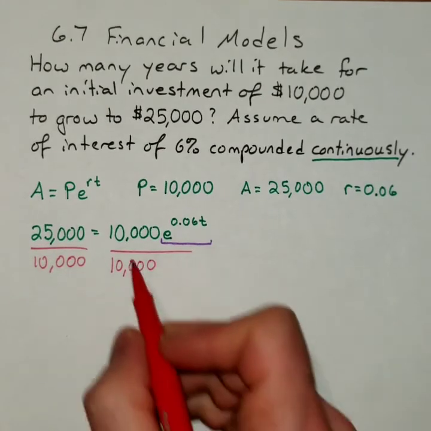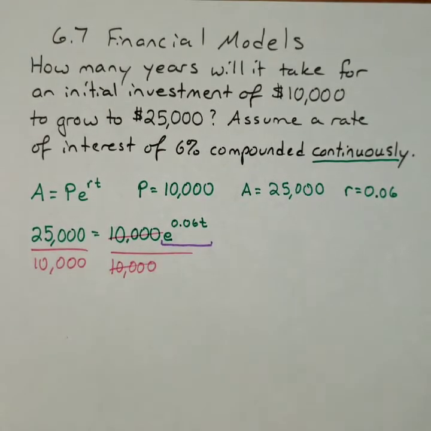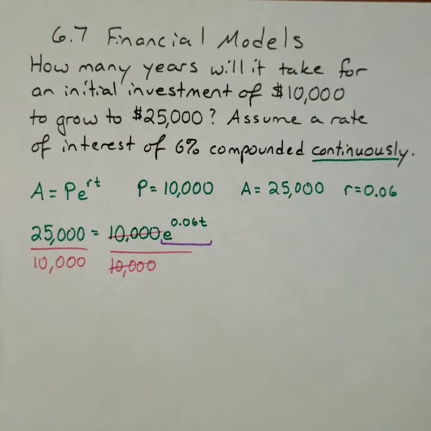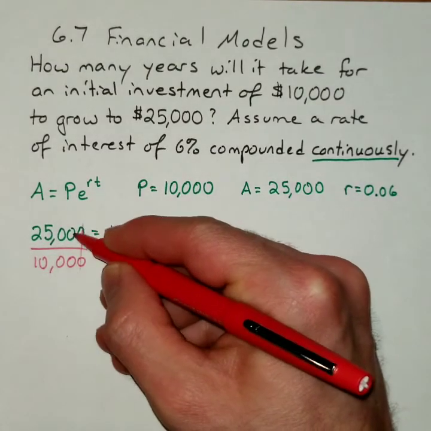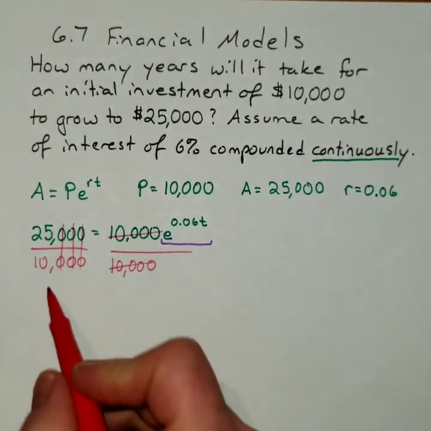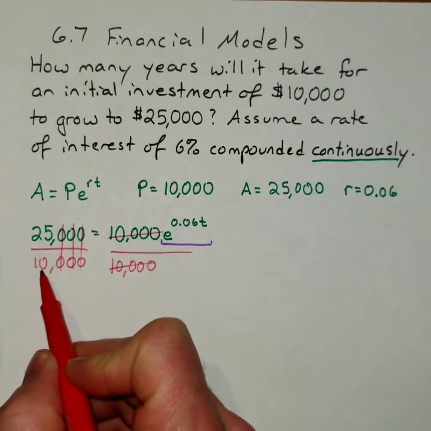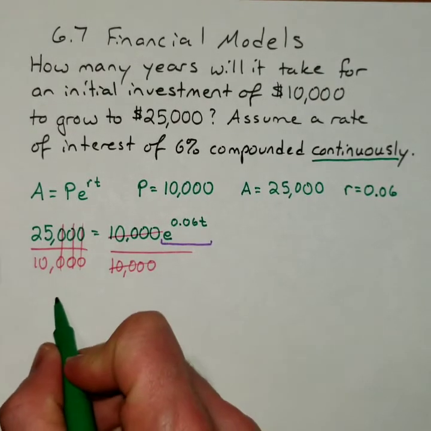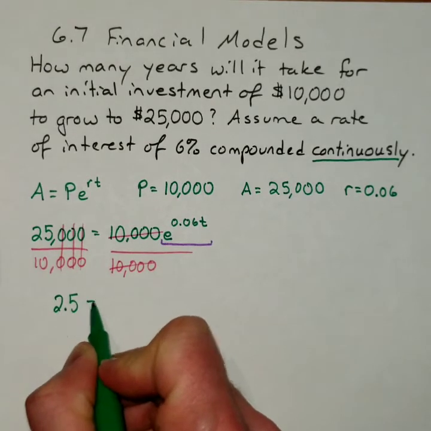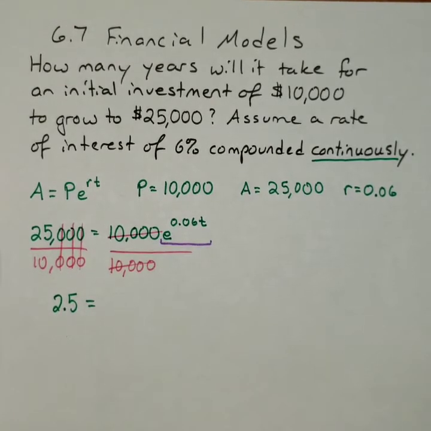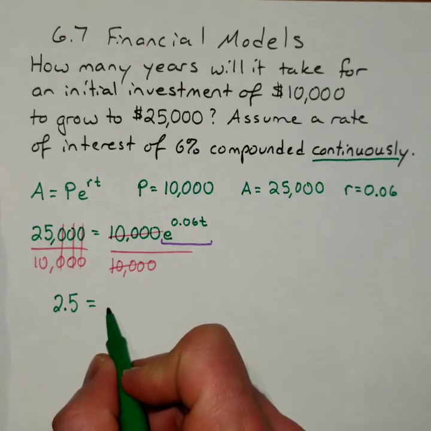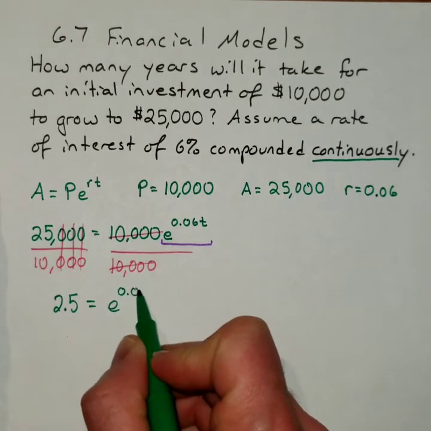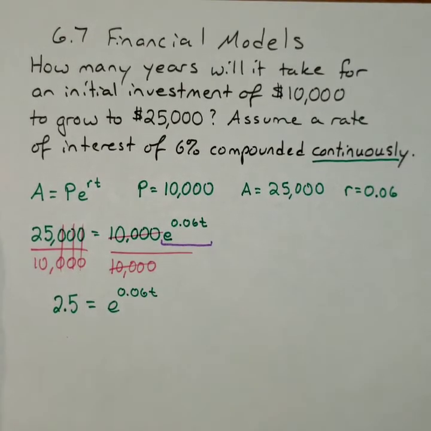Now on the right side the 10,000s cancel out. On the left side, I can cross out my zeros on the end here. I get 25 divided by 10. Well, 25 divided by 10 is 2.5. So we have 2.5 equals e to the 0.06t.